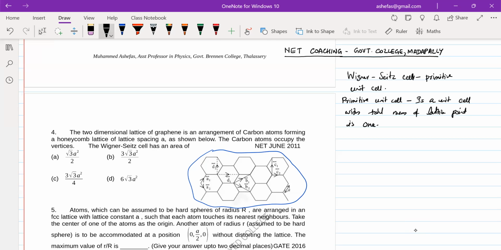For example, if you take a rectangle lattice like this, so consider a rectangle lattice.